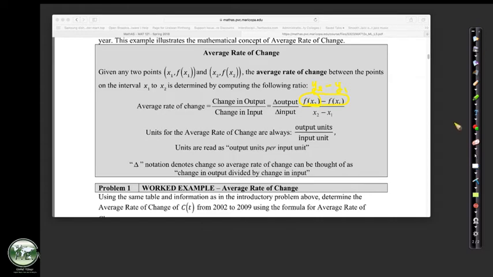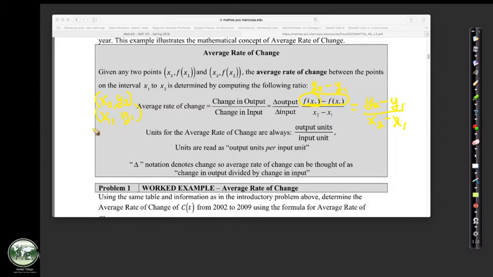And again, this is the same thing we were doing, because when I'm doing it vertically, what am I doing? I'm taking x2, y2, and x1, y1, right?